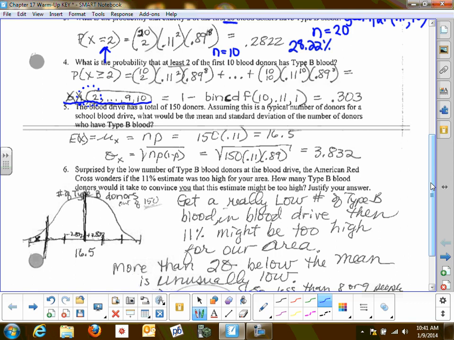So I like to draw this out and go, okay, it says I want at least 2, so I want 2 and more and greater. That's my personal tool to make sure I get where the inclusion ends.